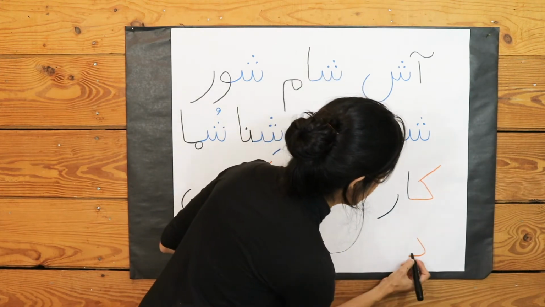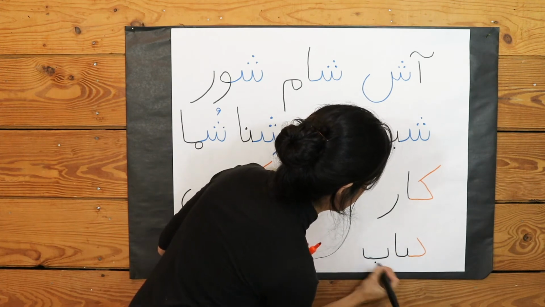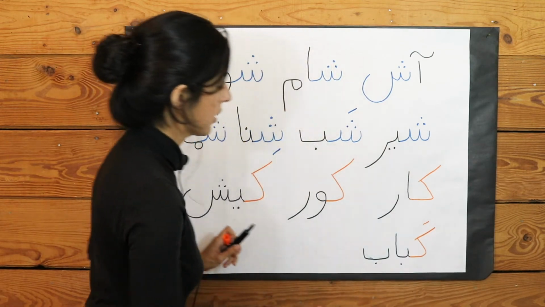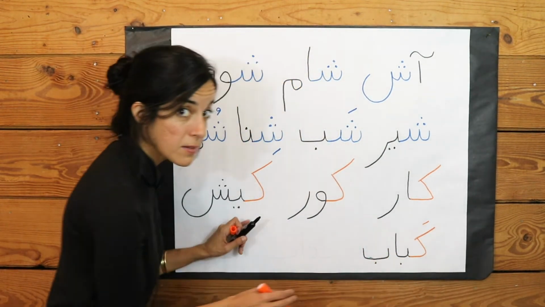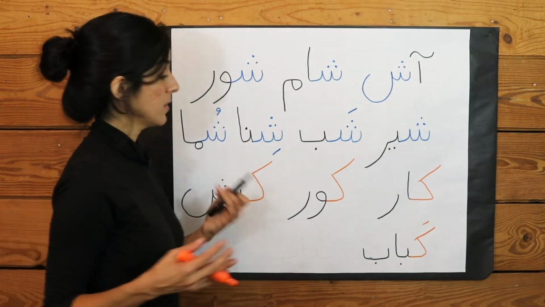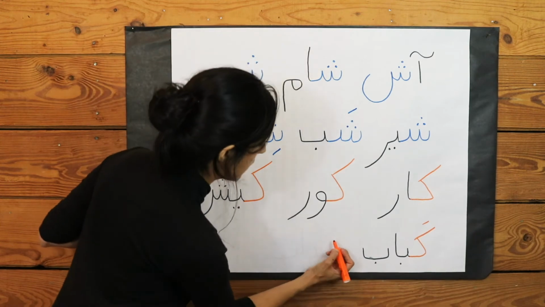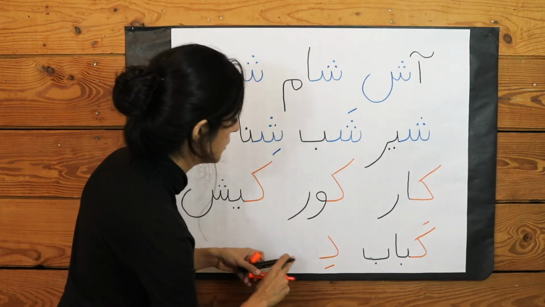And then this is a very important word, using our accent ka. Kebab, and that's the national food of Iran. Kebab, that's what we call it. So now let's look at K with an accent below.